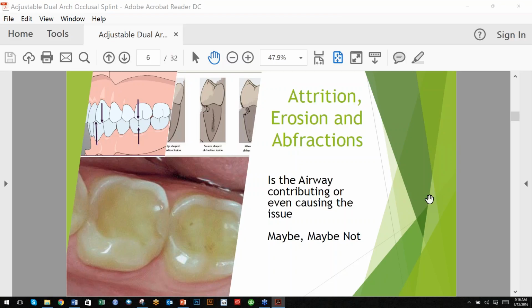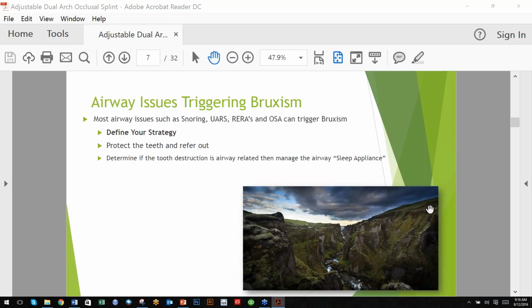So in all three of these cases that are 100% dental, know that whatever your strategy is on patients that have these conditions, just in the back of your mind, know that if there is an airway issue, whatever you do affects that issue. I wanted to spend just another second on this point: when you are dealing with bruxism, define your strategy.